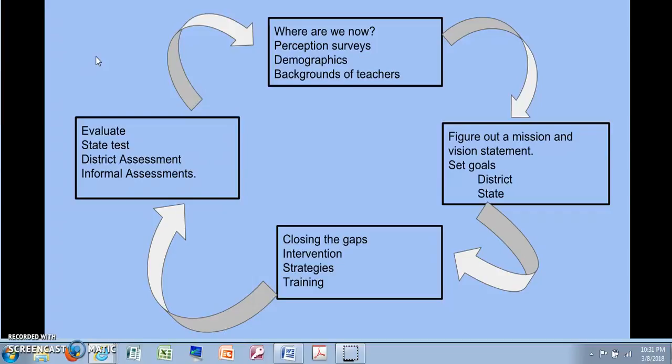If the strategies are still not working, we seek outside sources. For instance, if my intervention's not working, then I go talk to our interventionist teacher, who I co-teach with in my regular classroom during guided reading. He takes some of my lower ones there as well.